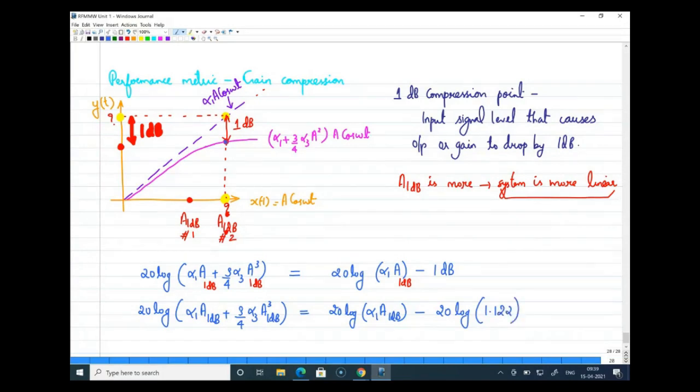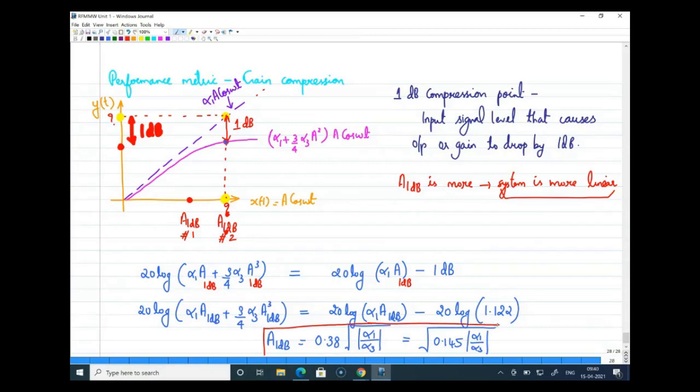If you simplify, you will get A1 dB, which can be expressed in two forms. One is 0.38 into the square root of alpha 1 by alpha 3, putting the mod value because alpha 3, the compressive nature, is negative. Or this can be further written as 0.145 into alpha 1 by alpha 3, by placing 0.38 under the root. So this is your 1 dB compression point mathematical expression.